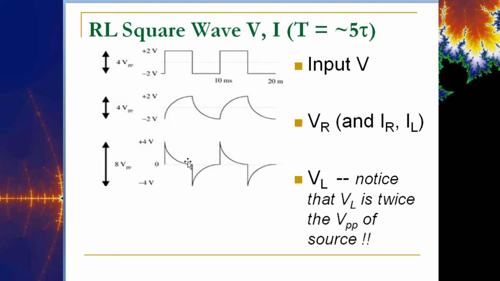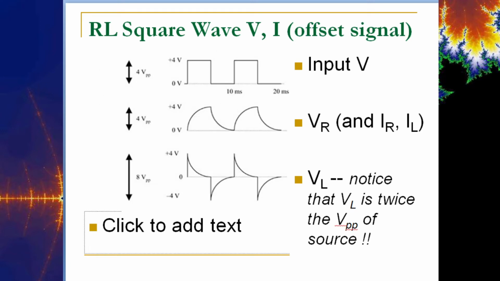Remember, the voltage on the inductor, that's where it gets induced and pulls it, and then it releases it back, and then it pulls it and releases it back. So in both cases, whether you have an offset or not, it only affects the voltage on the resistor, because as you can see, with an offset, we're still just going 4 volts. So the voltage on the inductor is not affected by the DC offset.